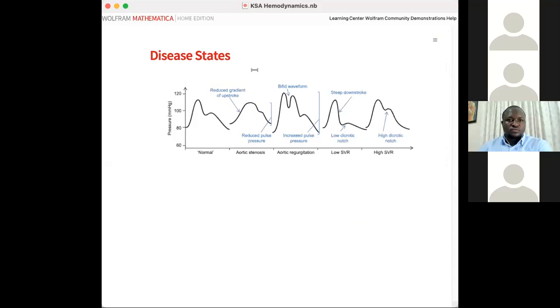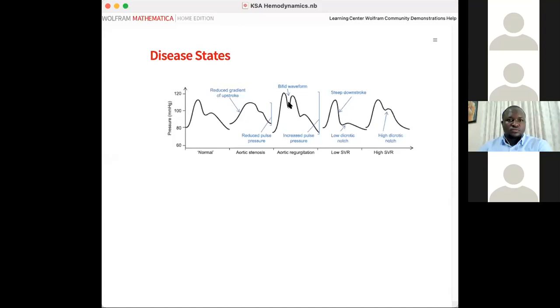But what about disease states? This is the normal curve, but whenever you have contractile or systolic dysfunction, there's a reduced rise in your stroke upstroke. Or when you have a stenotic valvular lesion, like in aortic stenosis, the rise of that upstroke is more gradual rather than being vertical.